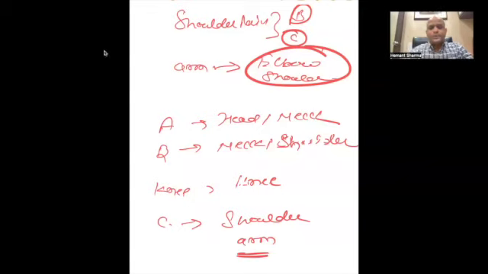Regarding the A point, let's come back here and try to understand the concept. A point is good for the head. What is the head? Are we talking about only headache? No. We are talking about each and everything of the head, whether the headache, or a skin problem happening here, or pain happening anywhere here.